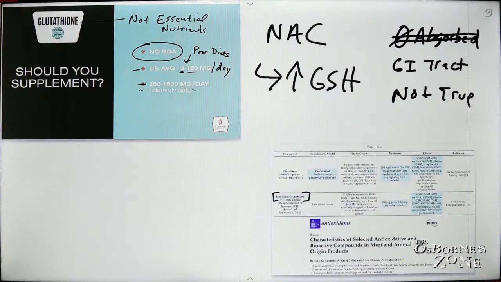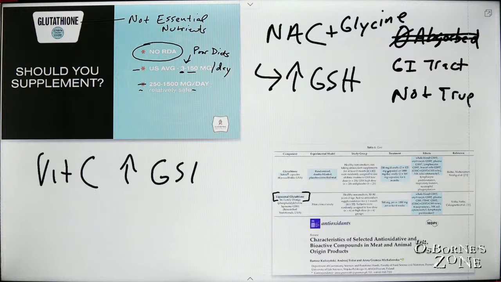We know that combining NAC with glycine improves levels. We know that taking vitamin C improves GSH levels. So it's not always as simple as, hey, I'm going to take more glutathione, although, again, you can. It's very safe in doses up to 1,500 milligrams a day in humans.